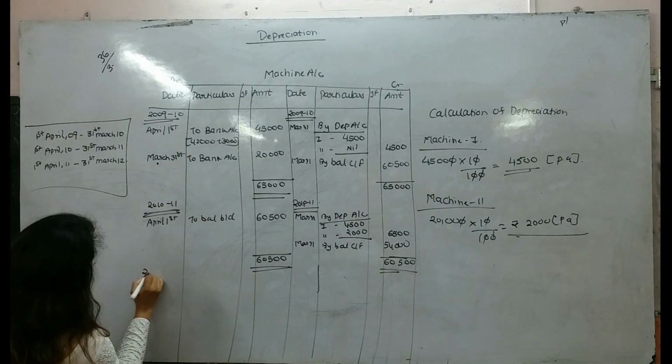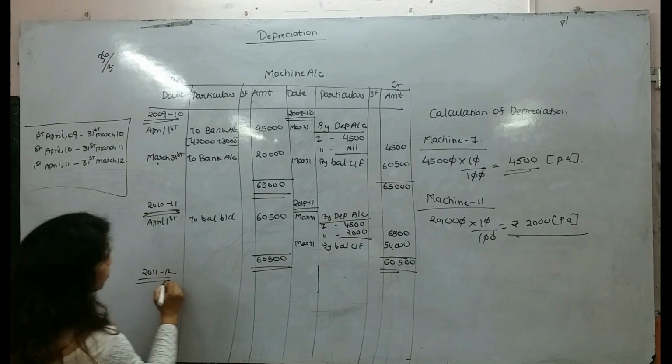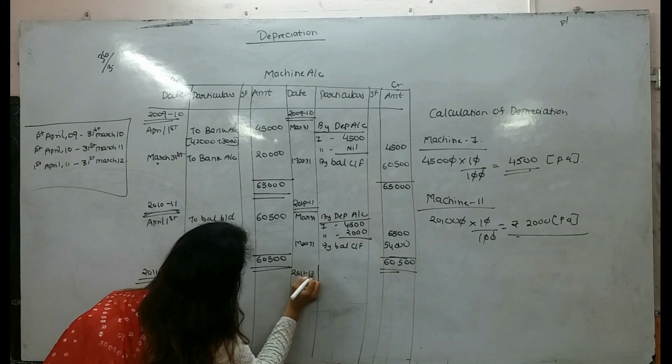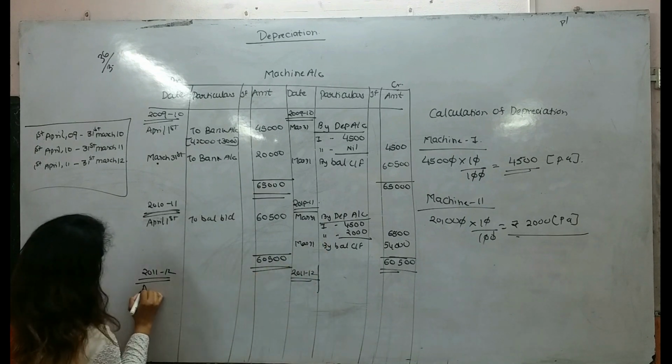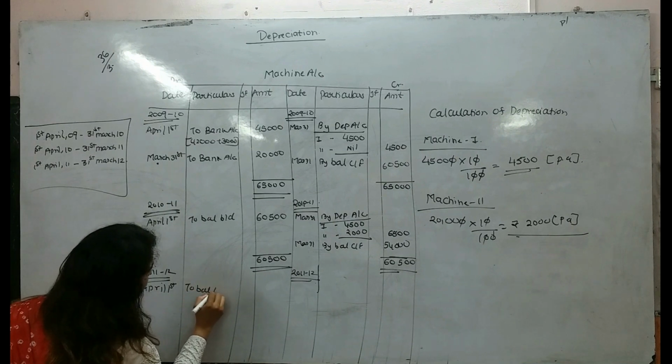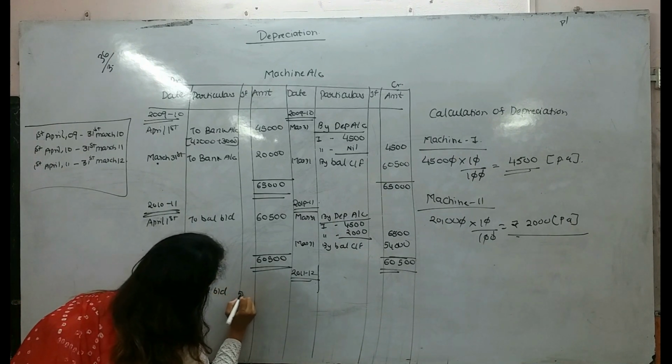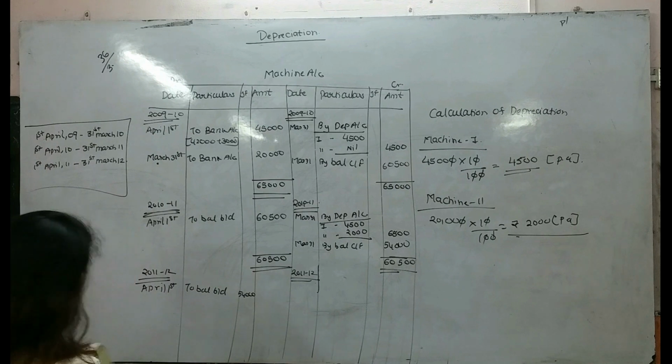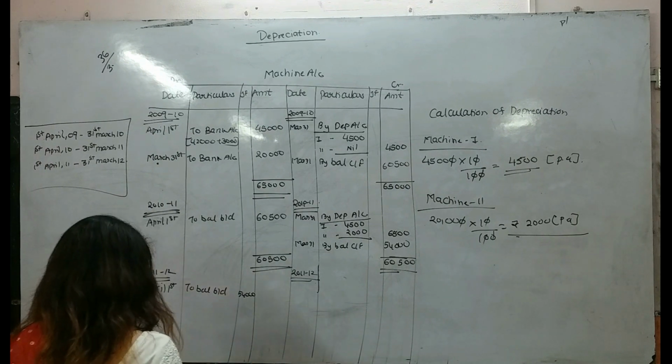Now for the third year, they are asking us to prepare the machinery account for 3 years. So here 2011-2012. Again last year's closing balance will become this year's opening balance. How much is it? 54,000, right?